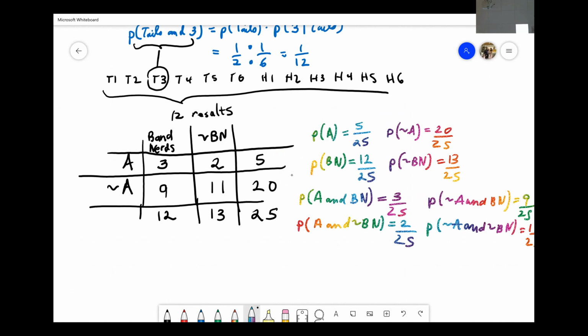Now, I'm changing what I'm going to say, so let me pick a different rainbow. What is the probability of getting an A given that you are a band nerd? Now, notice what I'm saying. I'm saying, hey, those of you who are band nerds, line up.